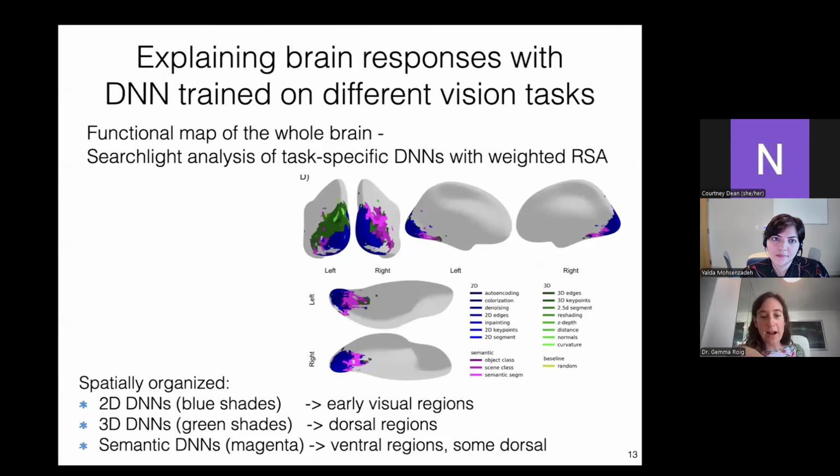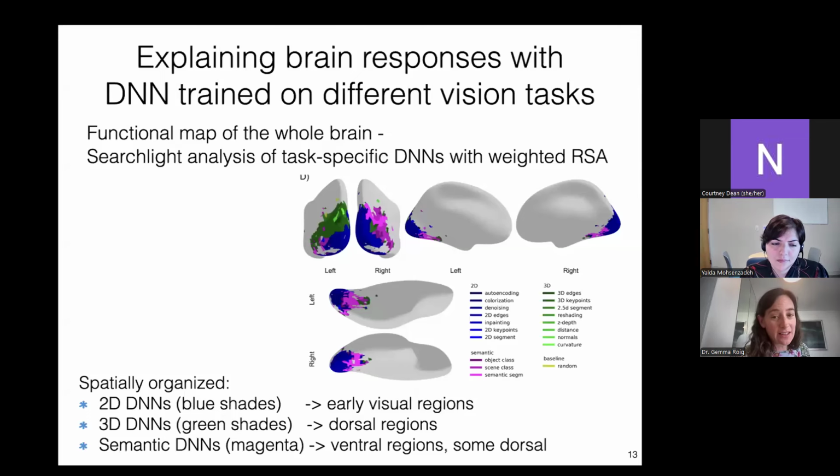And we also have the DNN representation related to the 3D tasks, like for instance surface normals, or how far is an object from the camera, and so on and so forth, in the dorsal regions, which one could loosely say, okay, this is like the where pathway in a way. And then the semantic DNN, where the semantic information is, so what kind of object or what kind of scene it is, is more in the ventral regions and some of the dorsal.